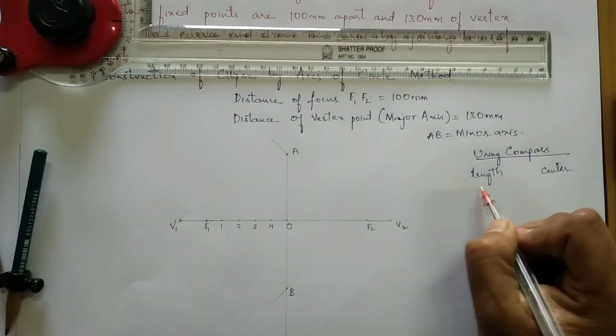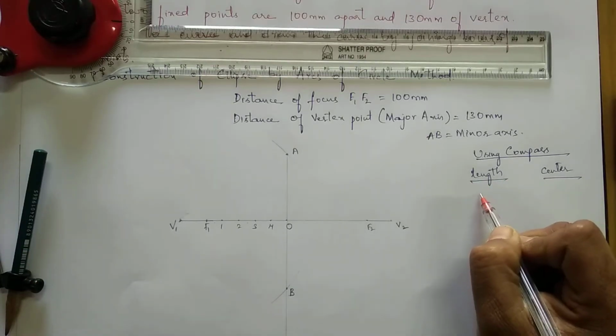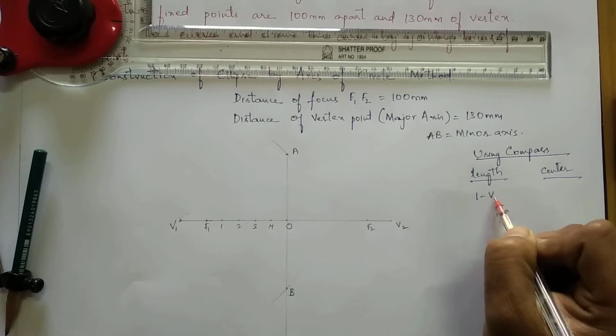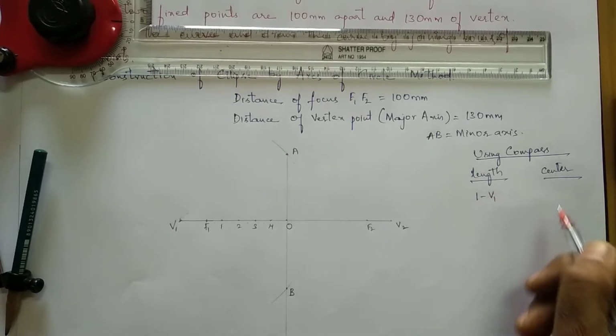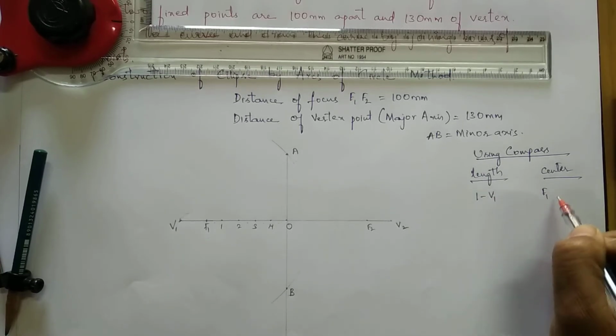First, the length which I am taking here as 1 to V1, I measure, and F1 as a center I draw an arc, F1 and F2 as the centers.